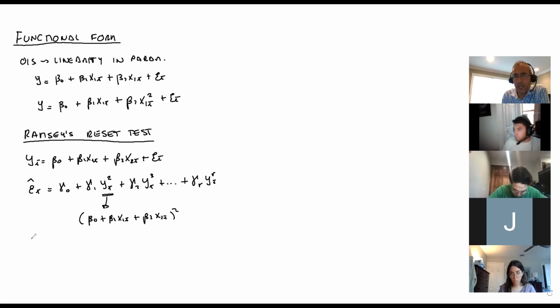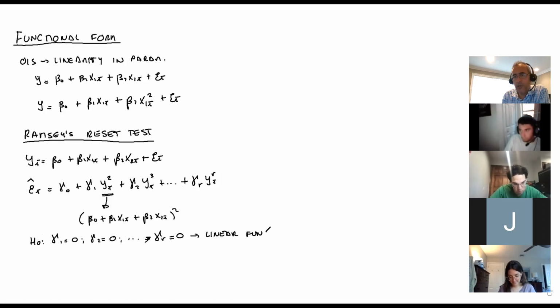As usual, guys, my null hypothesis is gamma 1 equals 0, gamma 2 equals 0, etc., gamma r equals 0. Right? So in words, this implies my linear functional form is okay. So this is your null hypothesis.